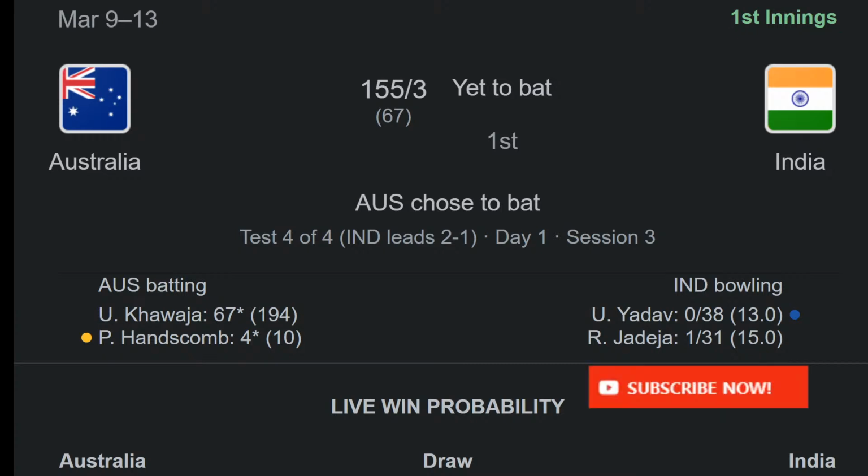Khaja not out with 67 runs on board, and Peter Handscomb 4 off 10. Umesh Yadav bowled 13 overs and has given 38 runs. And another bowler, Ravindra Jadeja, bowled 15 overs and gave 31 runs, taking 1 wicket.